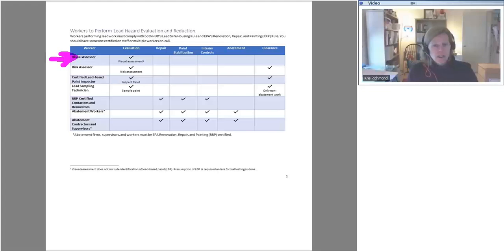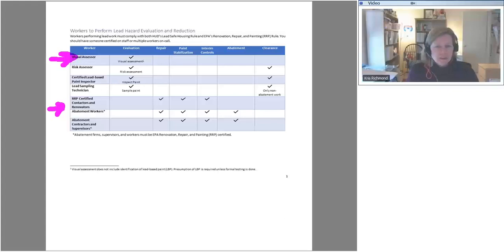And then if there's any work that needs to be done, if deteriorated paint was identified, then we would need to have somebody do the paint stabilization. That would be an RRP certified contractor firm or renovators, the workers. And then, like I mentioned, we would need to have clearance done.